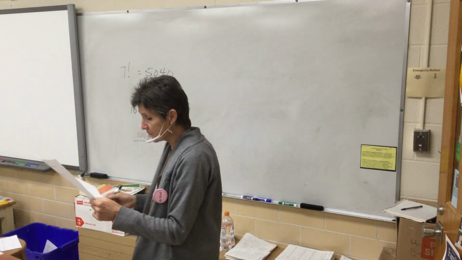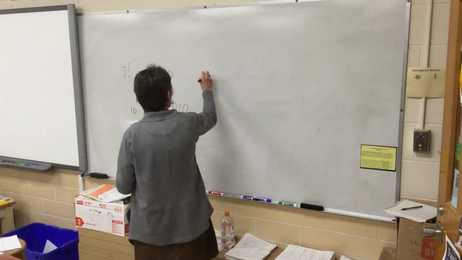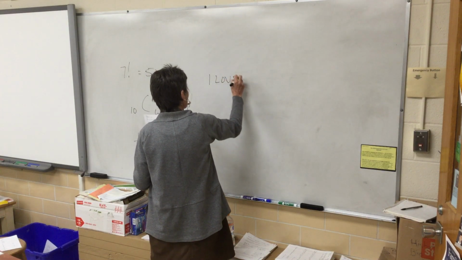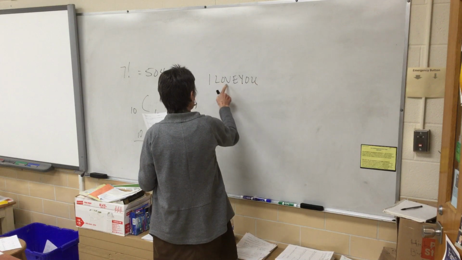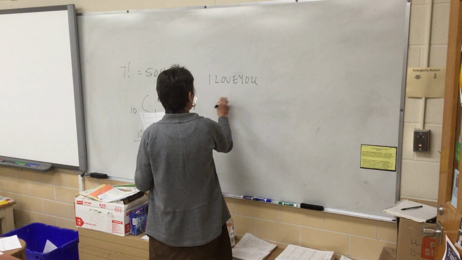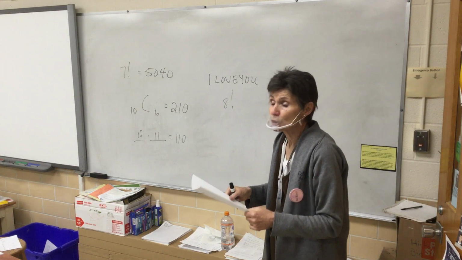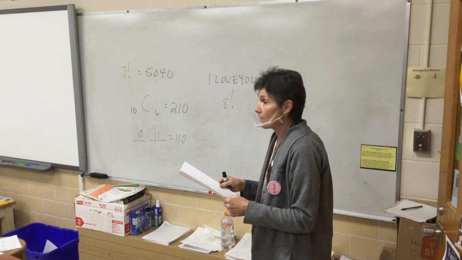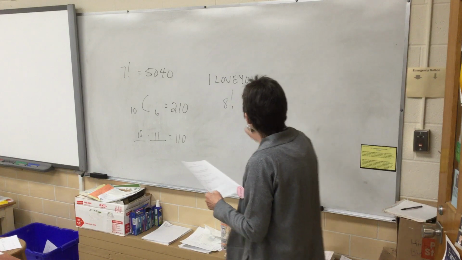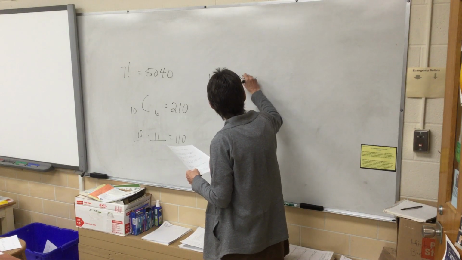All right, how many ways can you arrange the letters of I love you? 1, 2, 3, 4, 5, 6, 7, 8 letters. So we start with 8 factorial. Then what do we have to double check? Are there any repeats? Oh, there are. There's an O here and an O here.